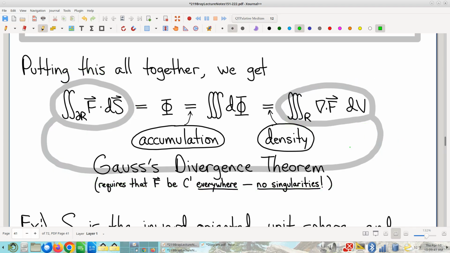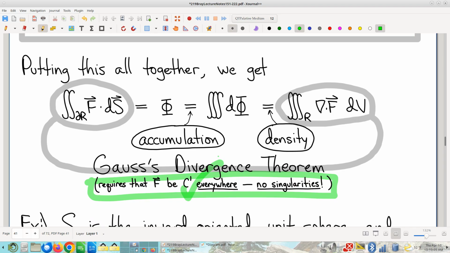Coming up in 10 seconds, do notice we have conditions. One of the annoying things about math is that every conclusion that you write down has conditions, right? Yes, you can draw certain conclusions, but only if certain assumptions are satisfied. So we do need the vector field to be continuously differentiable.